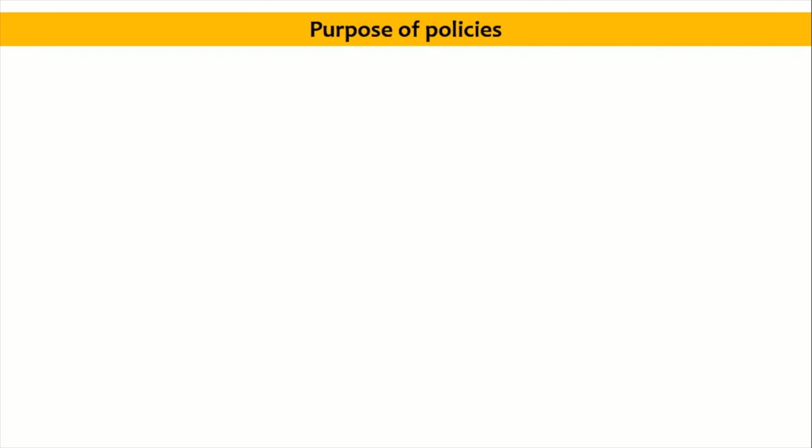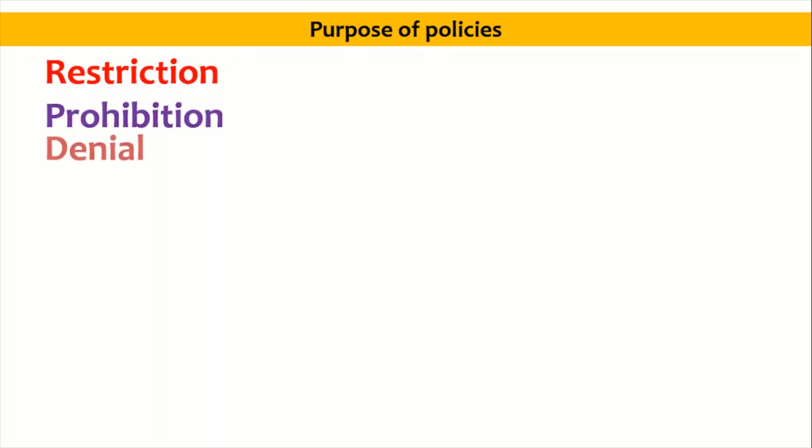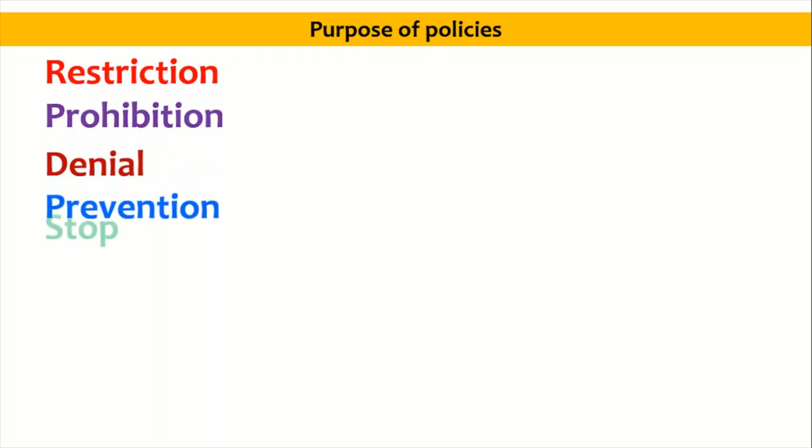Let us look at the purpose of policies. What is the general purpose of any policy? We are not talking about group policy here, just any general policy: restriction, prohibition, denial, prevention, stop, ban, etc. So policies are meant for restrictions, prohibitions, denials, prevention, stopping something, banning something.